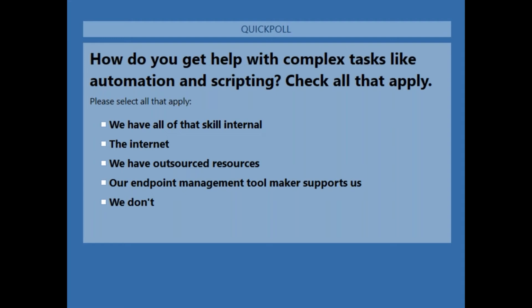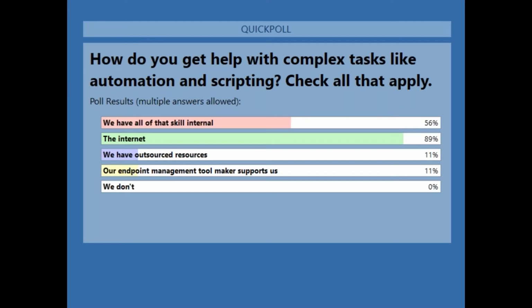I'm going to guess that internet or we don't will be the biggest answers. I think some people have the skill internally. What we do find often is that there's not a lot of help coming from the outside. The good old internet is a pretty solid winner there. I'm not terribly surprised, and people have to figure out what they've got inside.